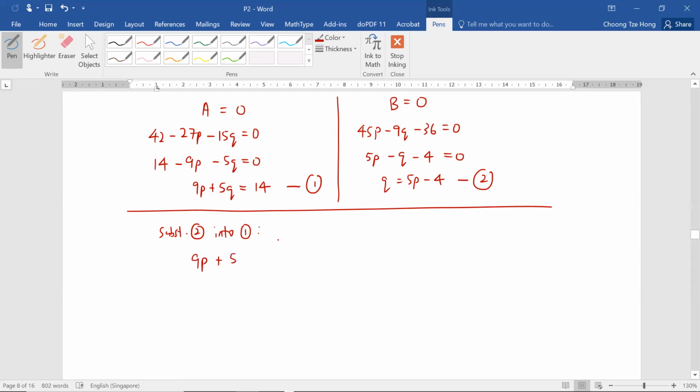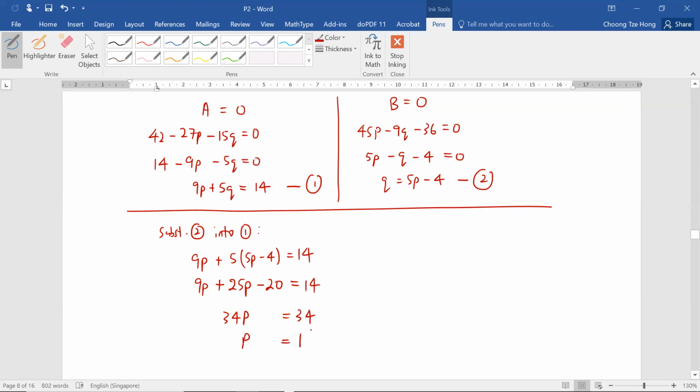So we will get 9p plus 5, with q now 5p minus 4, equals 14. So 9p plus 25p minus 20 equals 14. So 34p will be equal to 34, so p will be equal to 1.